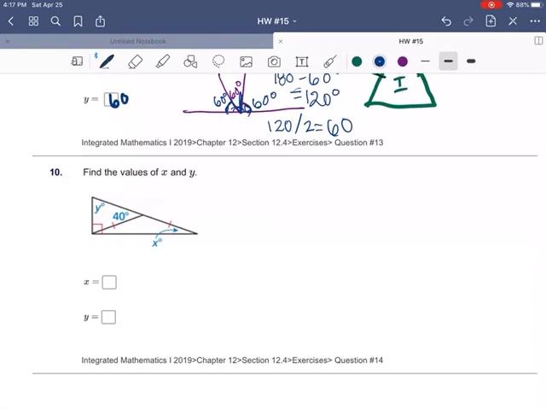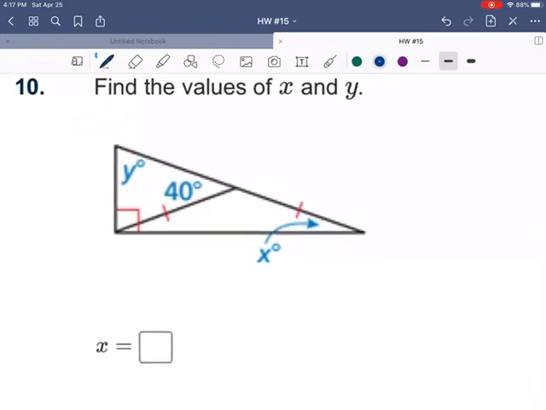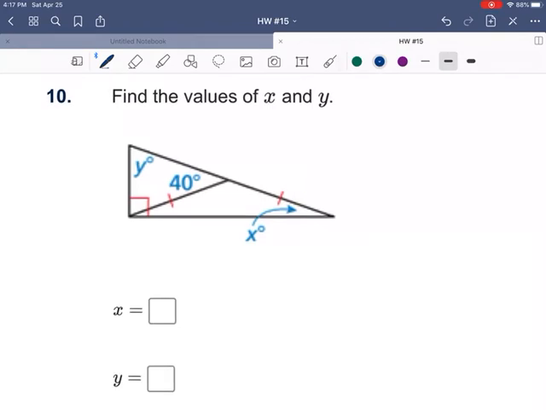Okay, number 10. Find the values for X and Y. Okay, let's take what we know. This purple one is an isosceles triangle. So this angle and this angle have to be the same. And then this green one, okay, apparently I'm using blue.